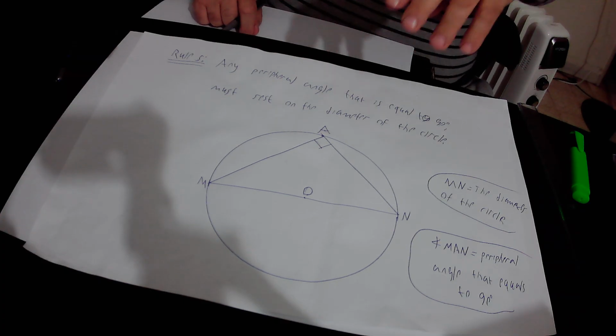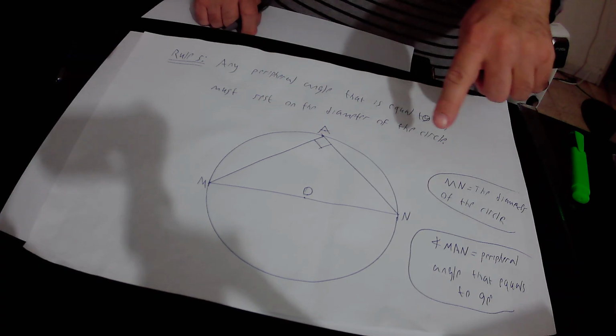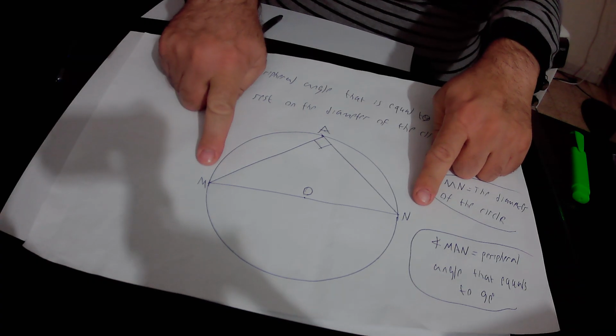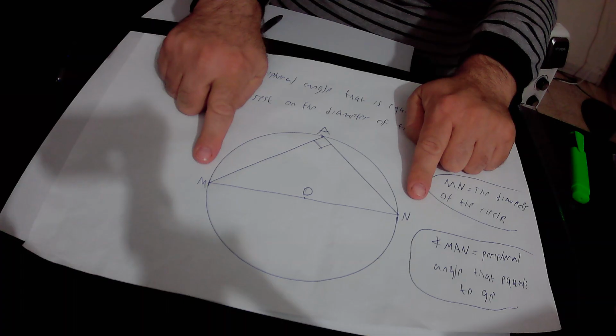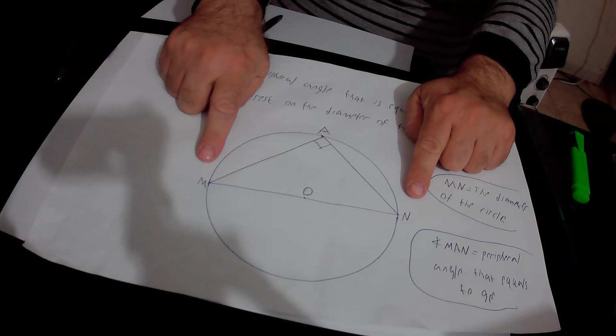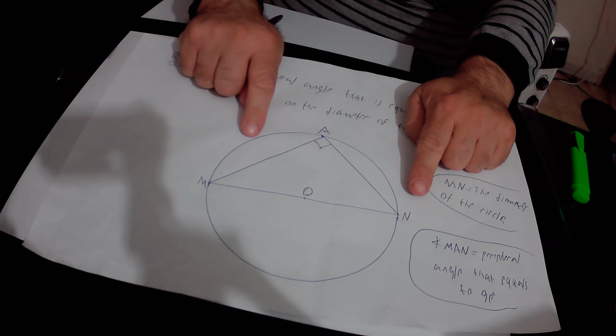From the drawing itself, it is very easy to see that peripheral angle MAN rests on chord MN, and therefore chord MN must be the diameter of the circle. And indeed, chord MN is the diameter of the circle. Why? Because chord MN passes through point O, that is the center of the circle.